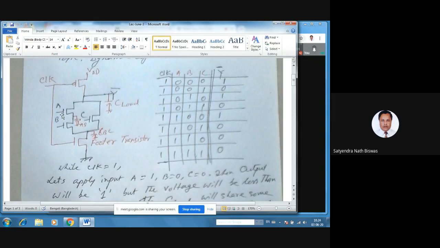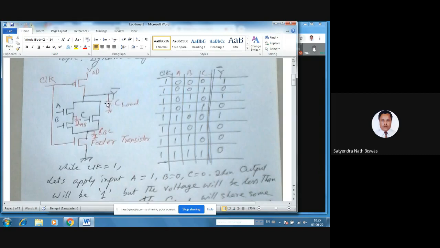But you see the input A is 1, so that means transistor A is on. I also mentioned yesterday that the charge from this load capacitor will be discharged through this A transistor, and this capacitor CA will be charged.